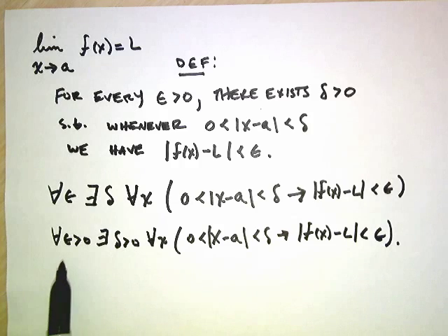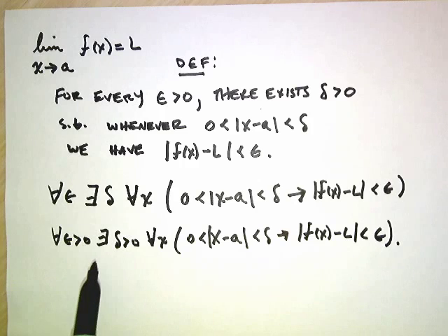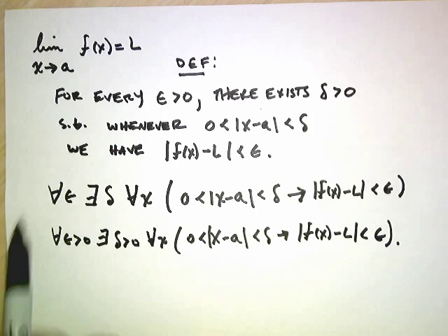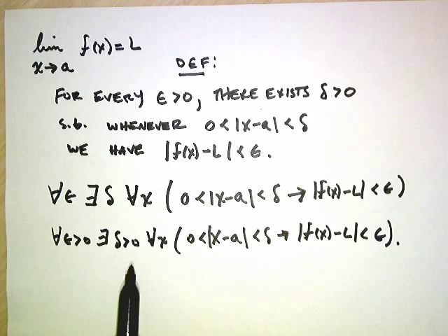And you can see that with one quantifier, it's not too hard to get your head around. Two quantifiers, alternating quantifiers, you have to think about a little bit. And with three alternating quantifiers, you get this fairly sophisticated notion of a limit that calculus is really based on.